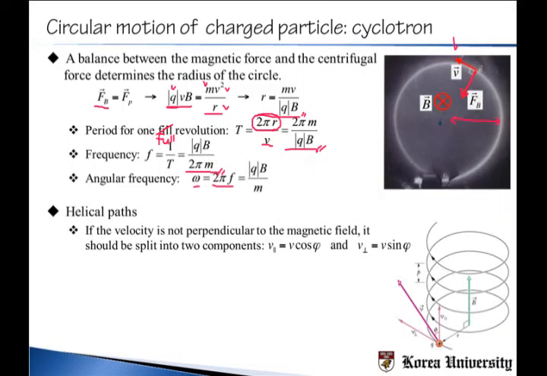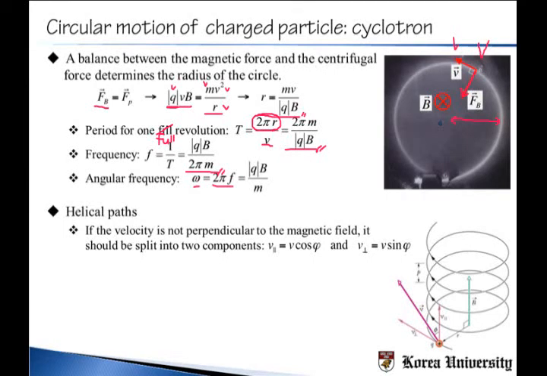In the above case, we assumed that the magnetic field was already perpendicular to the velocity, and then you will perform complete circular motion. But in general, the magnetic field may not be perpendicular to the velocity, right? Once you have some magnetic field, the particle may be moving along any direction.